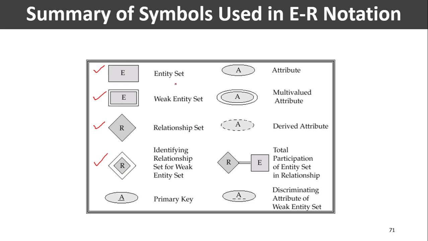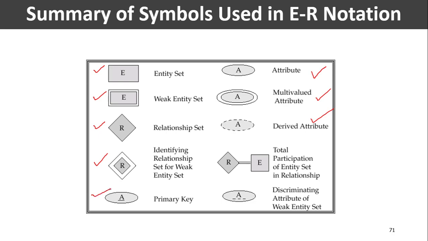About attributes, an oval or ellipse is used to denote the attribute, a double ellipse for a multi-valued attribute, and a dashed ellipse for a derived attribute. To represent the primary key, we use an underline for that attribute.